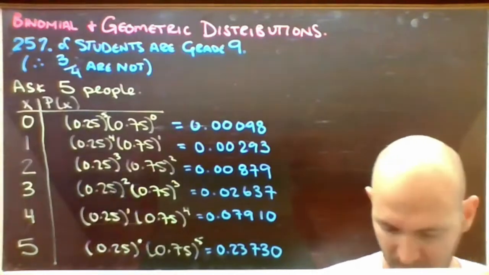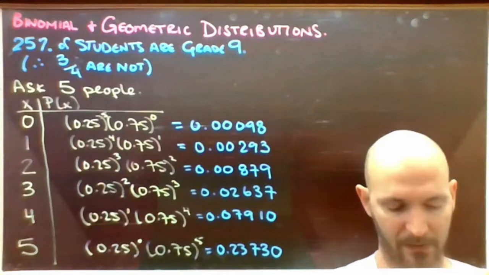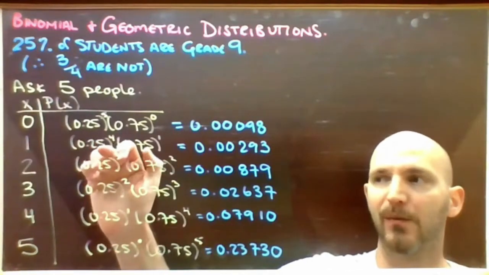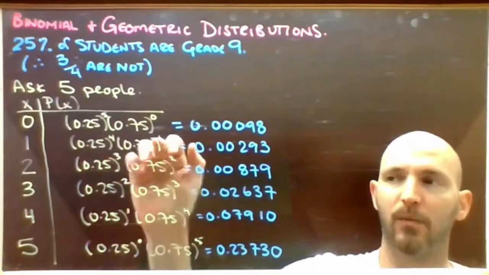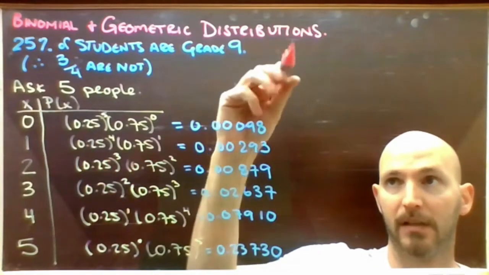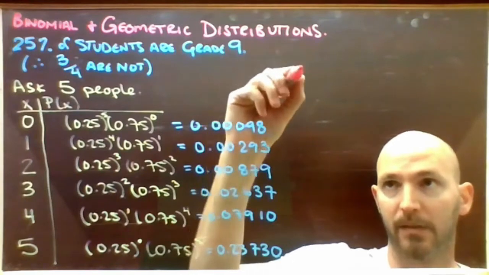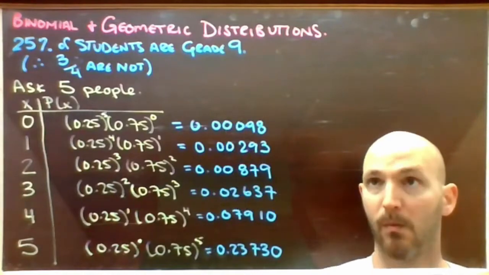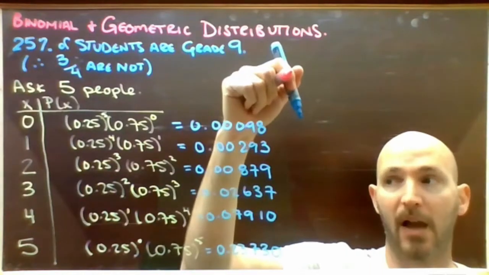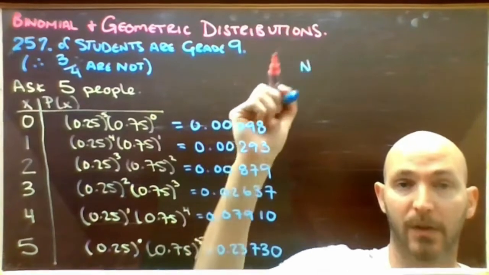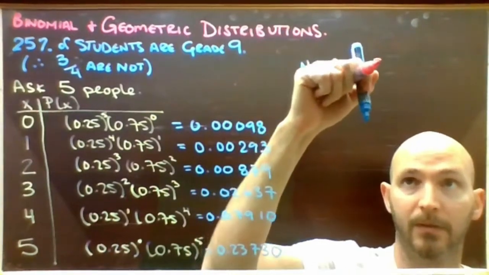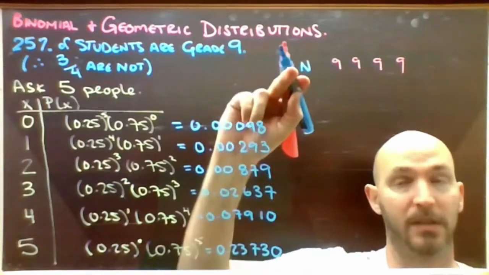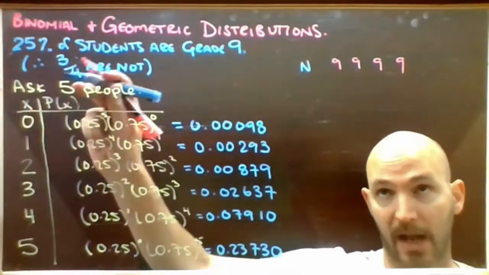So this part's a little hard to wrap your brain around. If I had 4 grade 9s and 1 person who's not a grade 9, I might have found my non-grade 9 first, and then found 4 grade 9s. Because this is not a geometric distribution, I didn't stop when I found them. I just found 5 random people and asked.